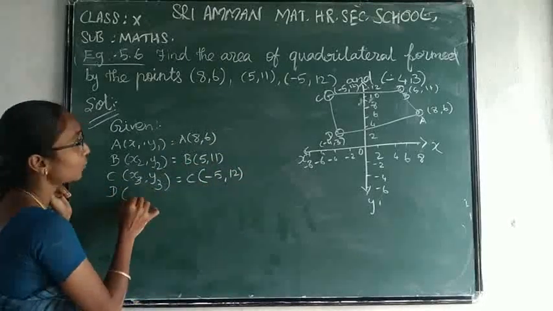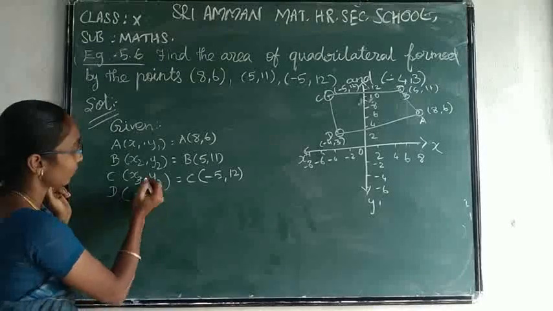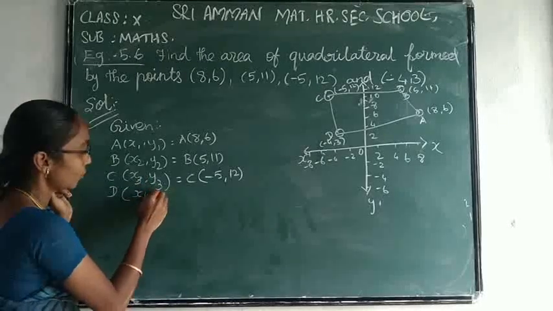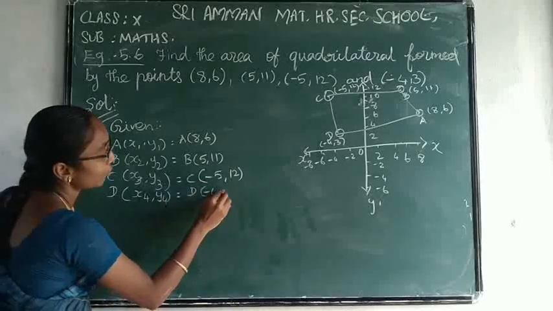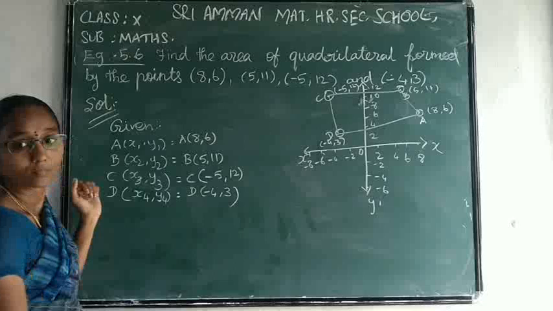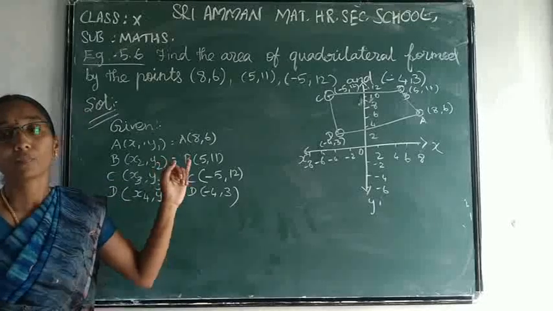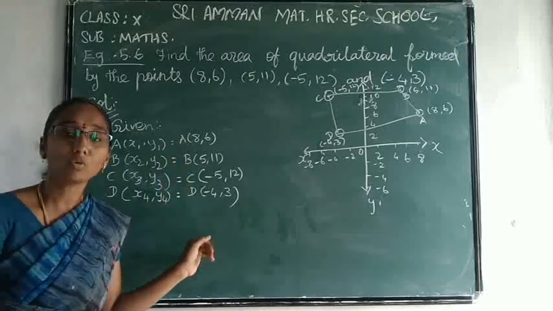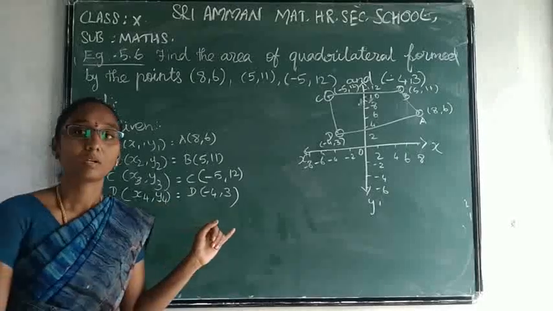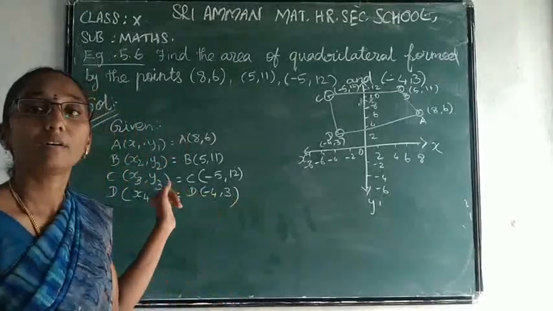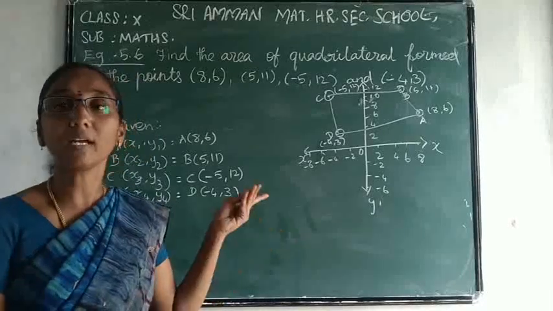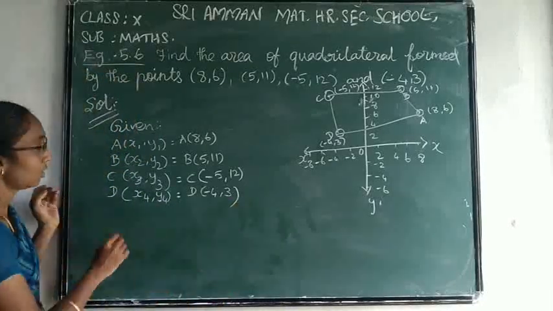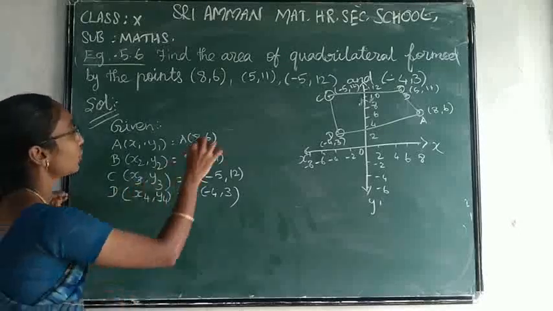And then D of x4, y4 is D of minus 4, 3. Do you understand this? This is how you write it: assume the points are x1, y1, x2, y2, x3, y3 and x4, y4.